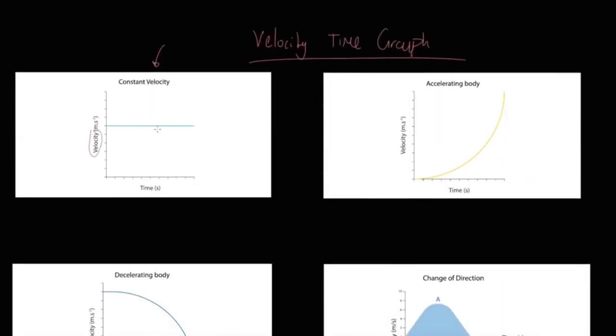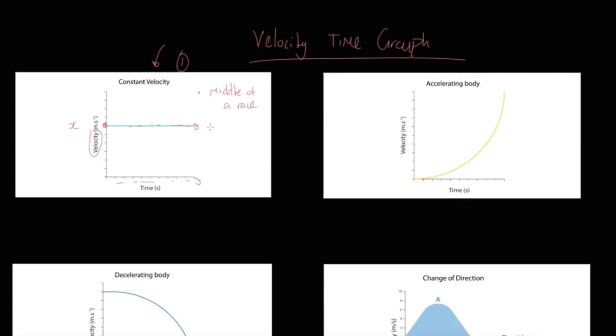So let's have a look at this first one as an example. Number one, we've got constant velocity. So as time progresses, velocity is consistent. In other words, it's constant velocity, at whatever x meters per second. This could be something like the middle of a race, as we've looked at before.